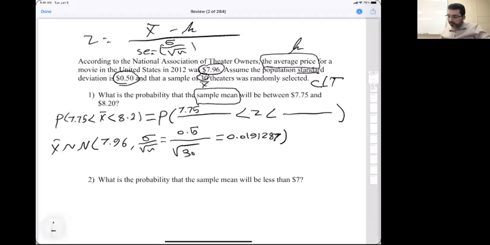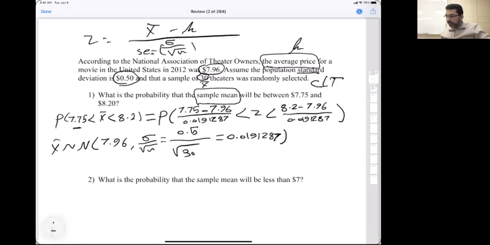So x bar for the first one is 7.75 minus the mean 7.96, divided by the standard error 0.0191287. This is the first one. The second one is the same: 8.2 minus the average 7.96, divided by the standard error like this.